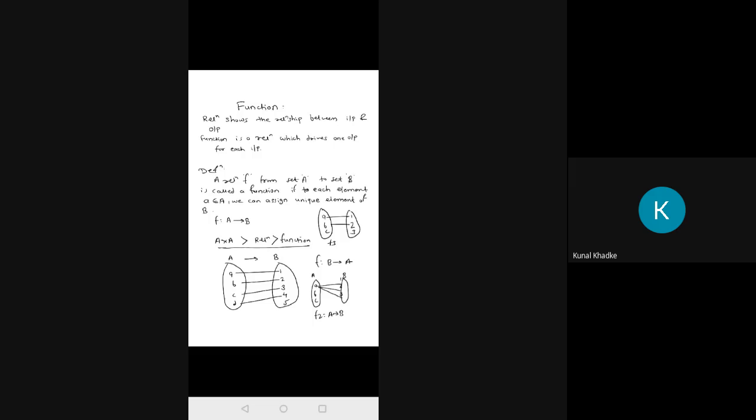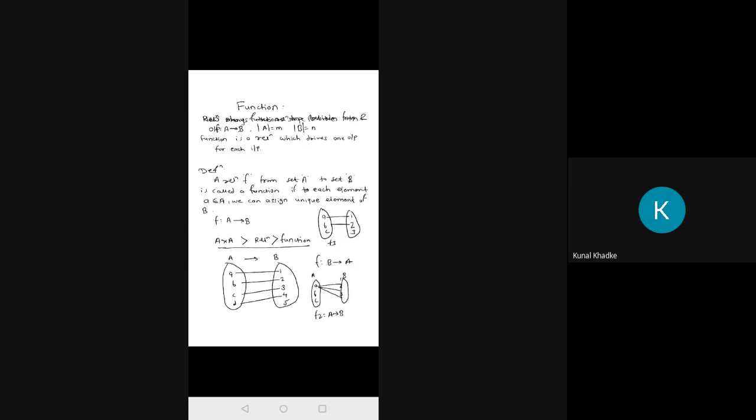Now, the next question that comes here is: how many functions can be possible from A to B if size of A is M and size of B is N?